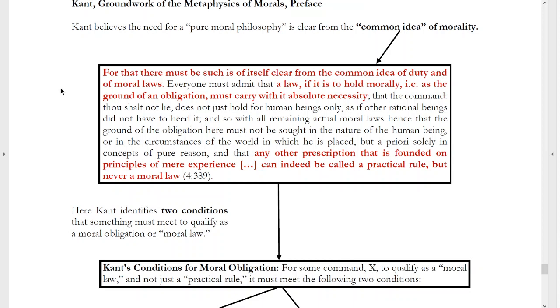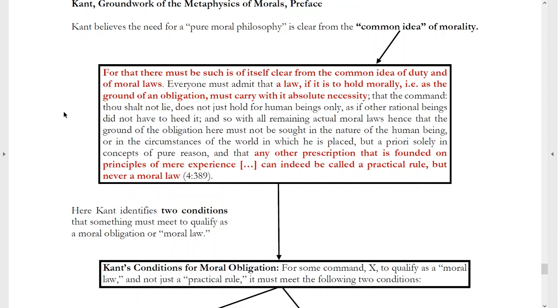So here's the passage. "For that there must be such a pure moral philosophy is clear from the common idea of duty and of moral laws. Everyone must admit that a law, if it is to hold morally, as a ground of obligation, must carry with it absolute necessity.